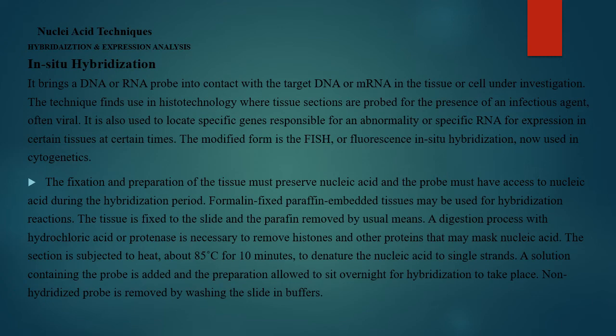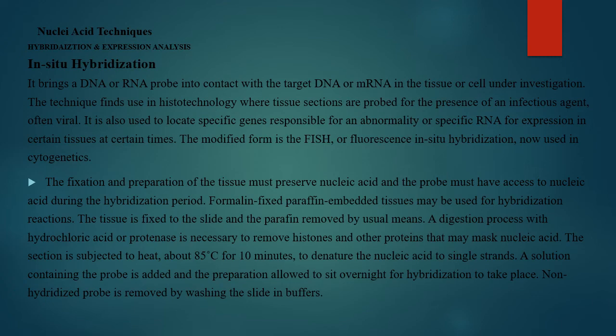Whilst in the cell, you bind it to that determinant or probe and see that yes, this virus is actually inside the cell. Now the modified form is fluorescence in situ hybridization, that is FISH, F-I-S-H, and it is useful in cytogenetics.